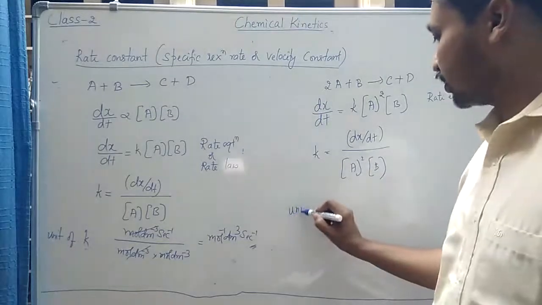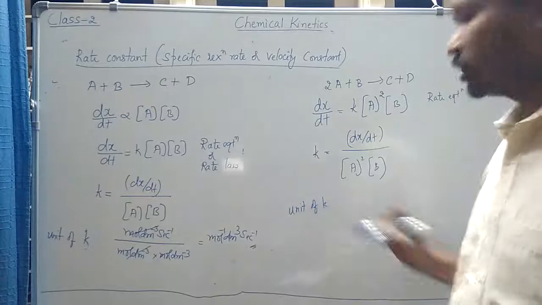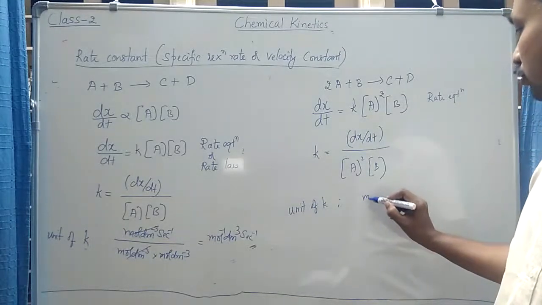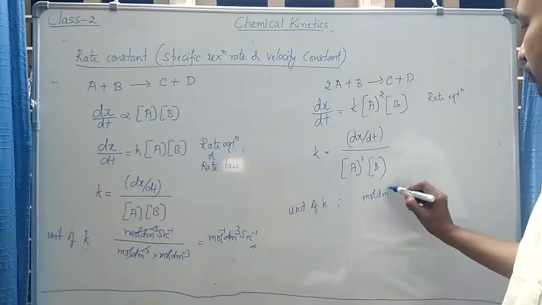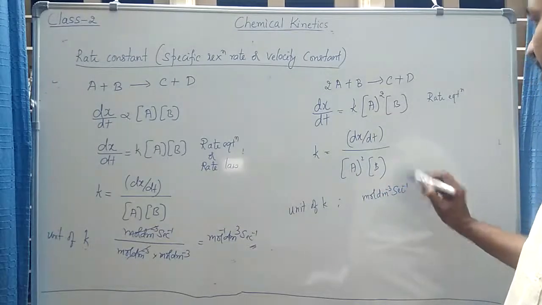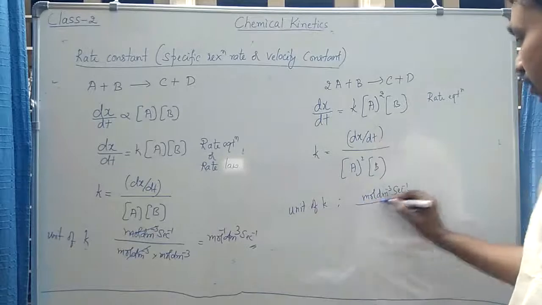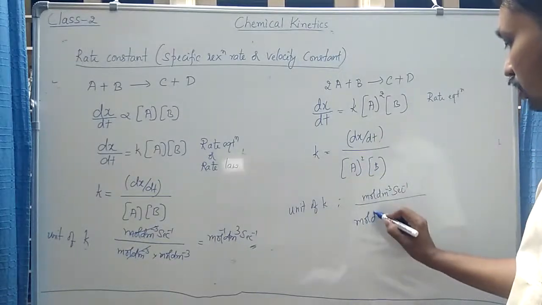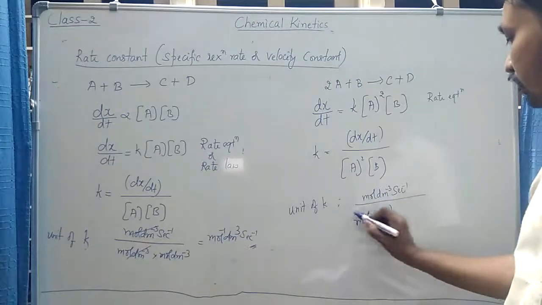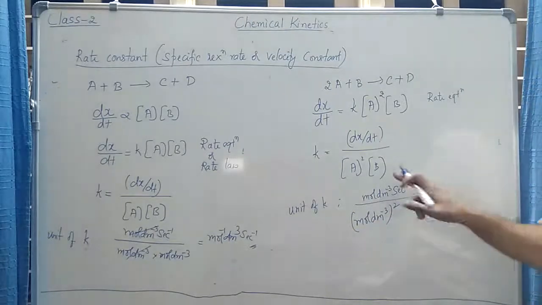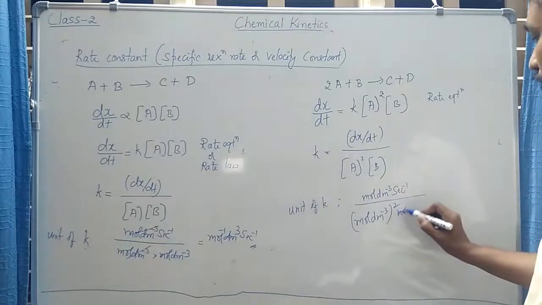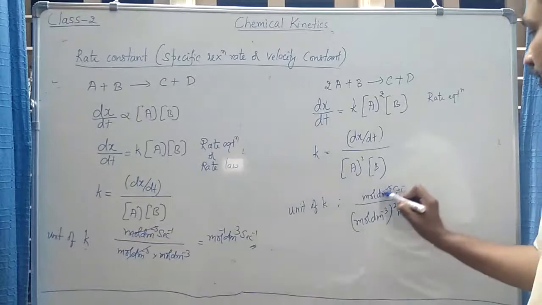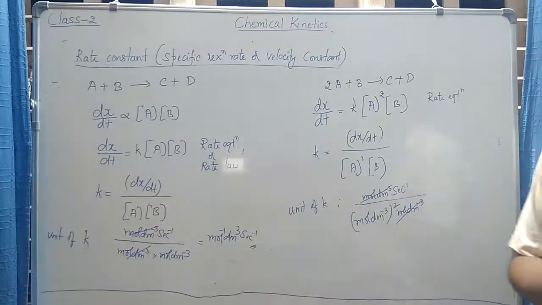So what is the unit of K? The unit of K is mole per dm cube per second, that is the unit of rate, divided by the concentration of A square, so mole per dm cube whole square, into the concentration term of B, mole per dm cube. Mole per dm cube gets cancelled.